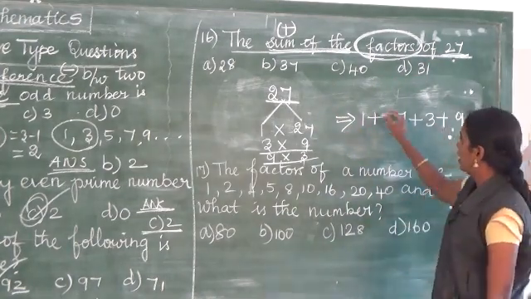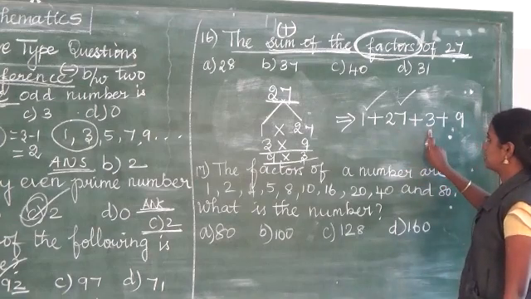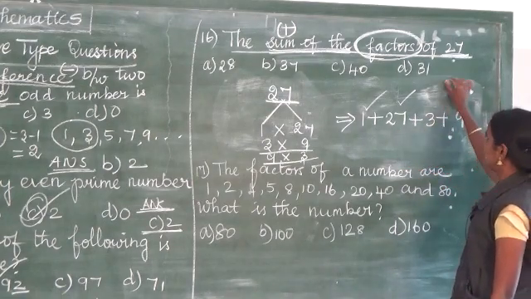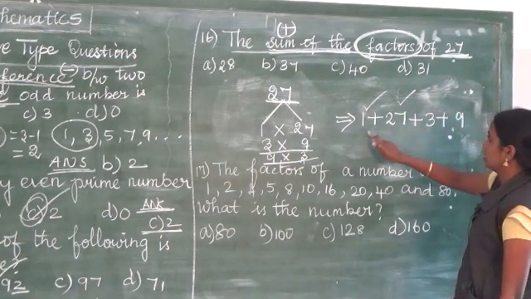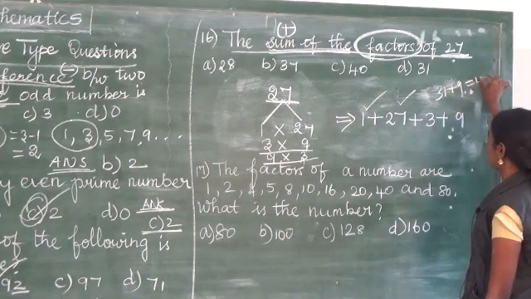Now add 1 plus 27, 28. 28 plus 3, 31, then 31 plus 9 is 40.